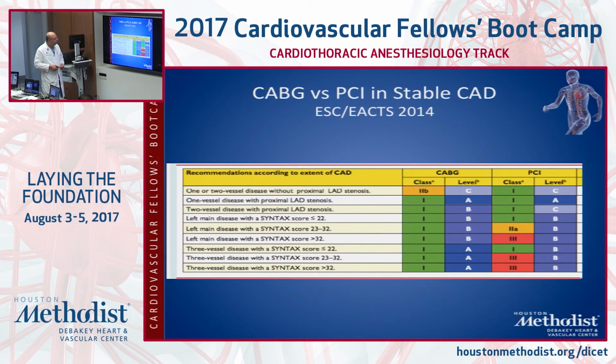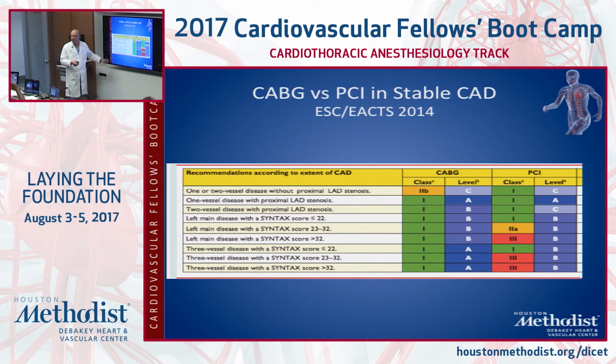In terms of CABG versus PCI, you'll see that there's a class 1 recommendation for CABG in all of these that are listed over here. And for PCI, there's a class 1 recommendation for 1 or 2 vessel disease without proximal LAD, for which it is 2B for CABG. 1 vessel disease with proximal LAD, 2 vessel and left main disease, and 3 vessel disease with a syntax score of less than 22 has received in these guidelines 3 years ago a class 1 recommendation for PCI.